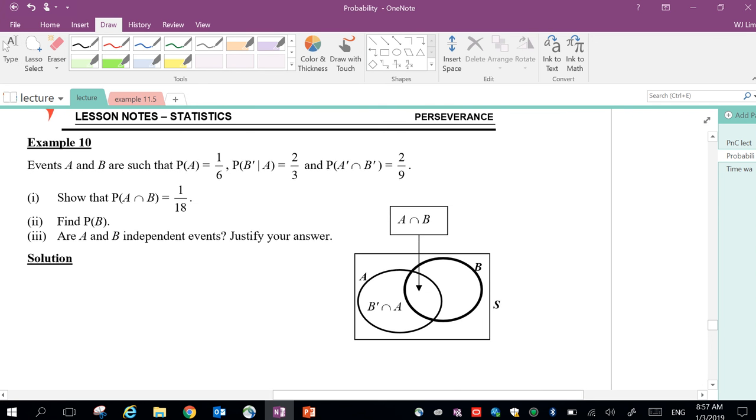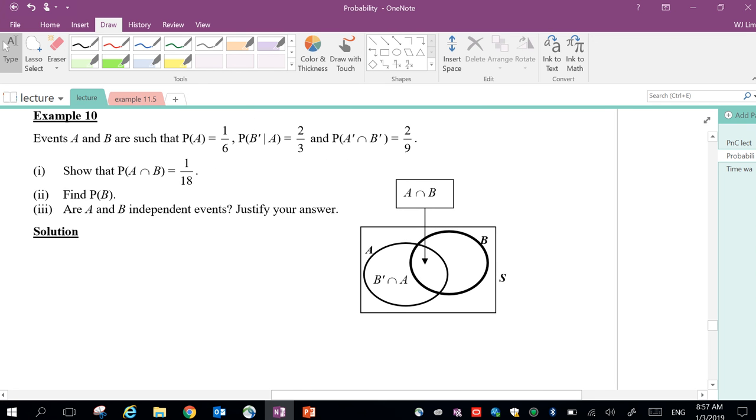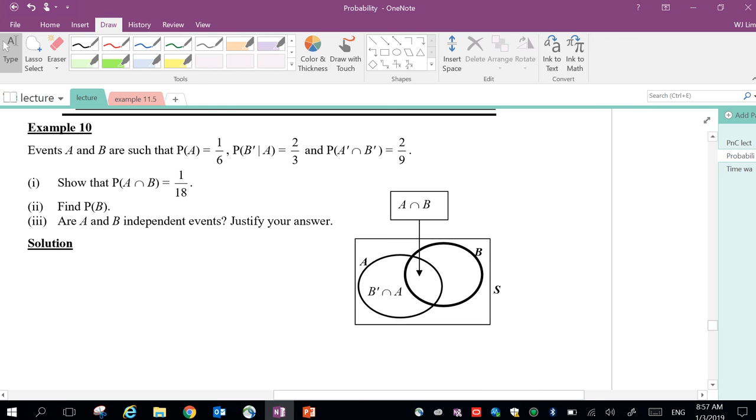Example 10. Let's read the question. P(B prime given A), and A prime intersect B prime. This one, I'll draw a Venn diagram because there are no stages. So a Venn diagram would be a good representation for all the information given.